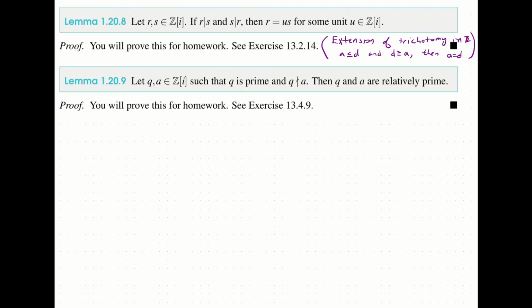If we know that r divides s and s divides r, then we are guaranteed that r is equal to a unit times s. And similarly, if q and a are Gaussian integers, such that q is prime and q does not divide a, then q and a are relatively prime. And so this will be exercise 13.4.9.